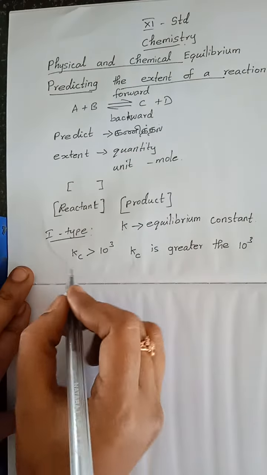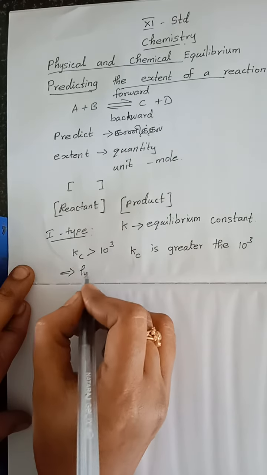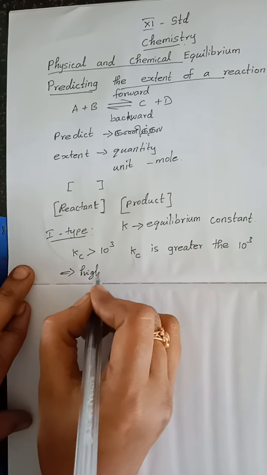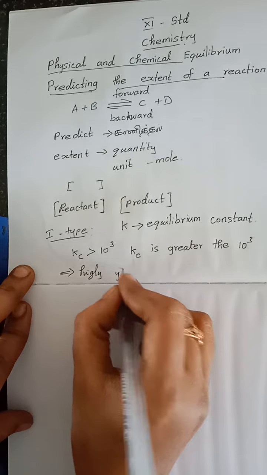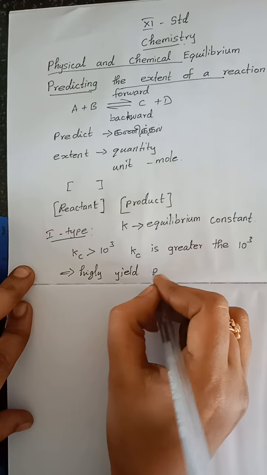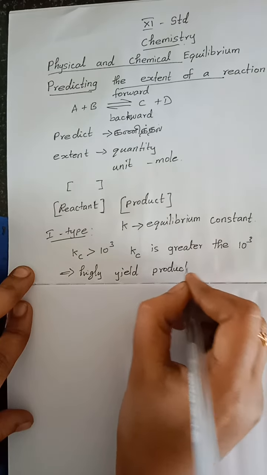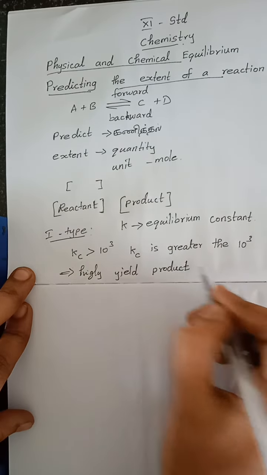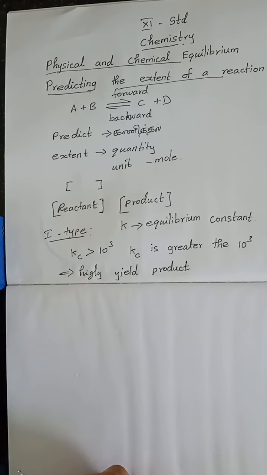So what is the first point? It gives a high yield of product. Okay, children, in the first case, the first type, Kc is greater than 10 to the power 3.